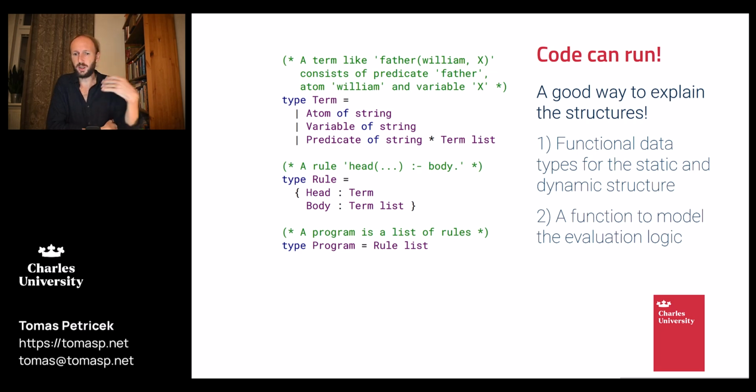So a program is just a list of rules. A rule is the head and the body, so what we're deriving from what. And the terms can be atoms like William, variables like X, and predicate calls with a name of the predicate and a list of arguments. So this is a very straightforward model of what we had in the programming system.